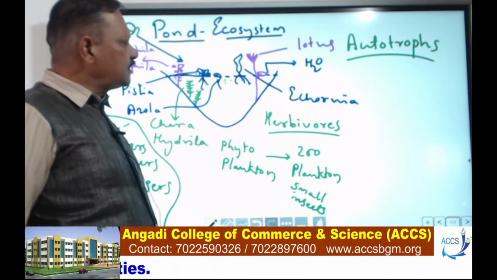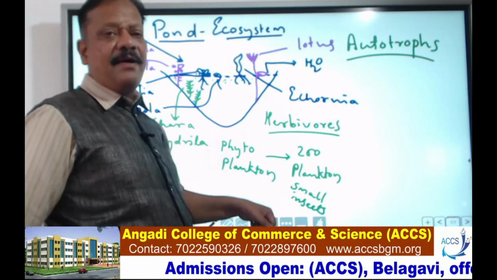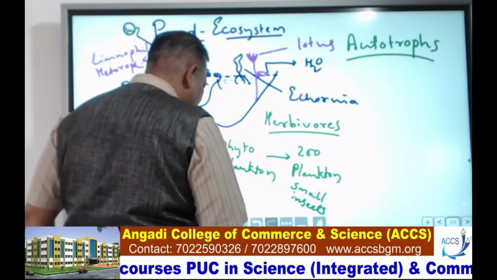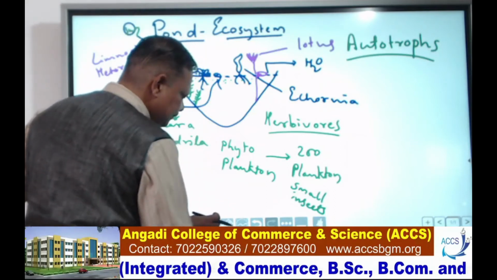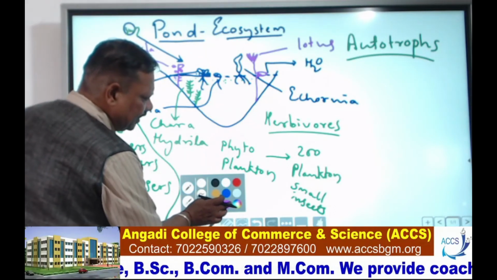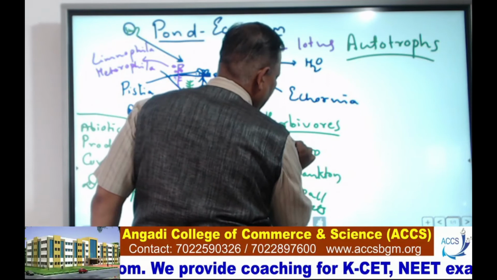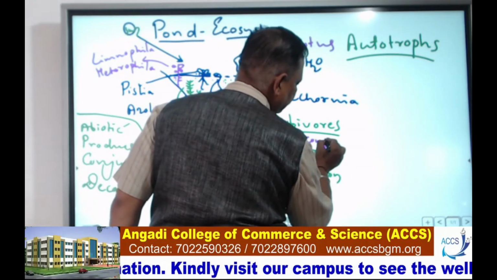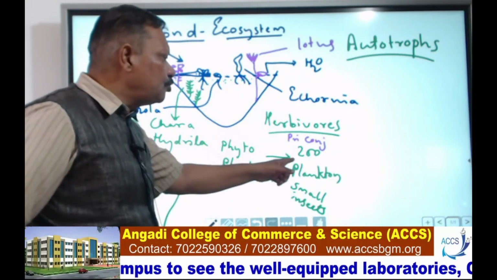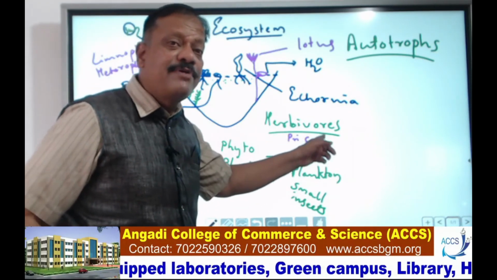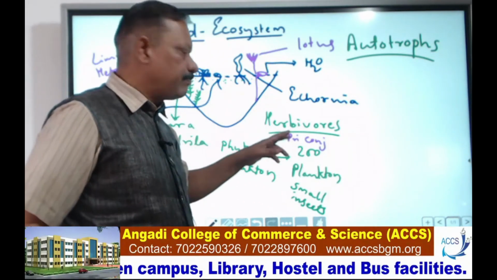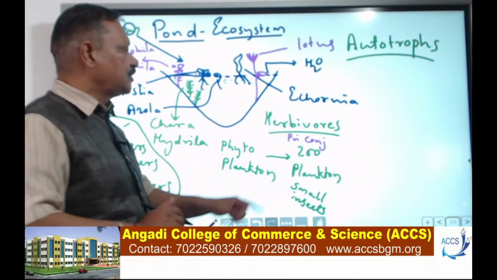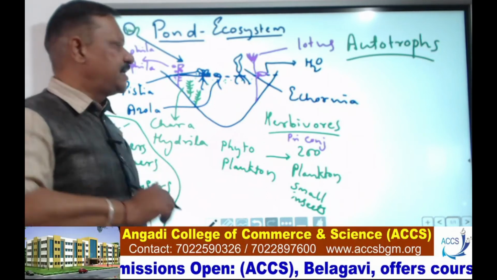So, the small insects are becoming primary consumers. I'll just change the color. Primary consumers are becoming herbivores because they are eating only plants, so we are calling them herbivores. So we call them primary consumers.